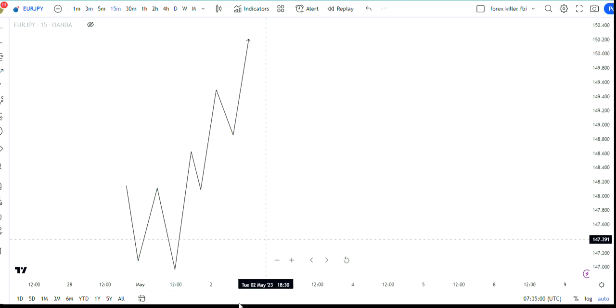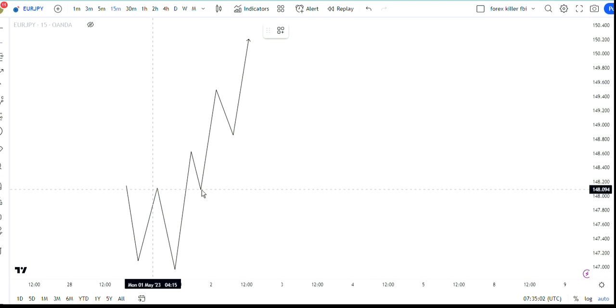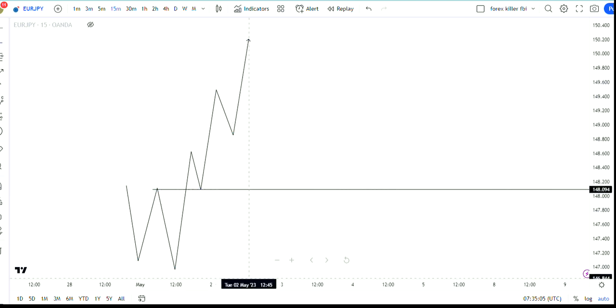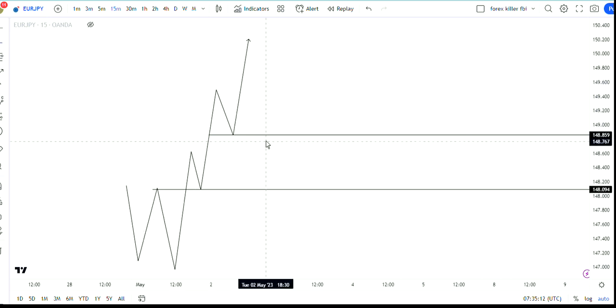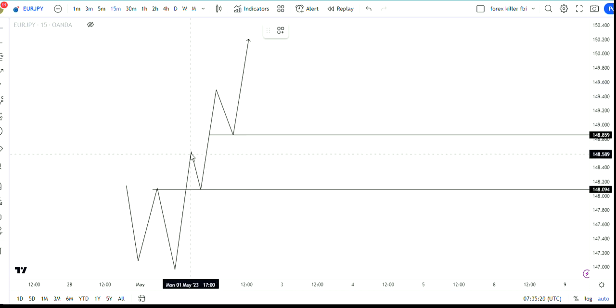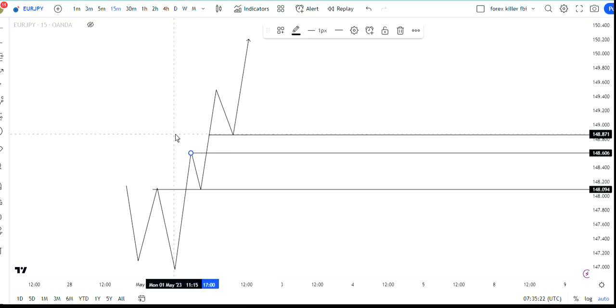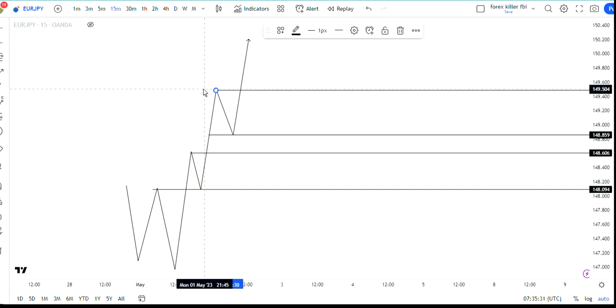This is what we call a neckline, and this is called invalidation in smart money concept or ICT, and this above here is called validation. So let us forget about this validation and invalidation.